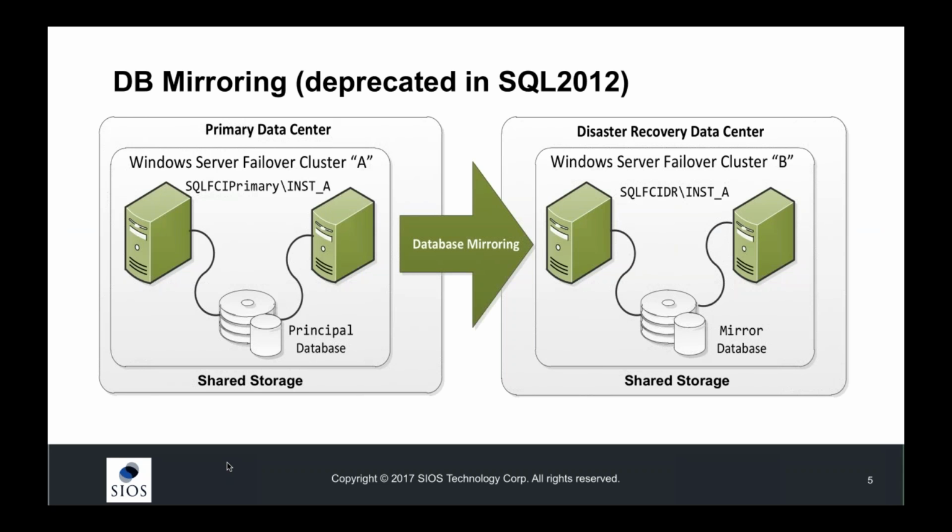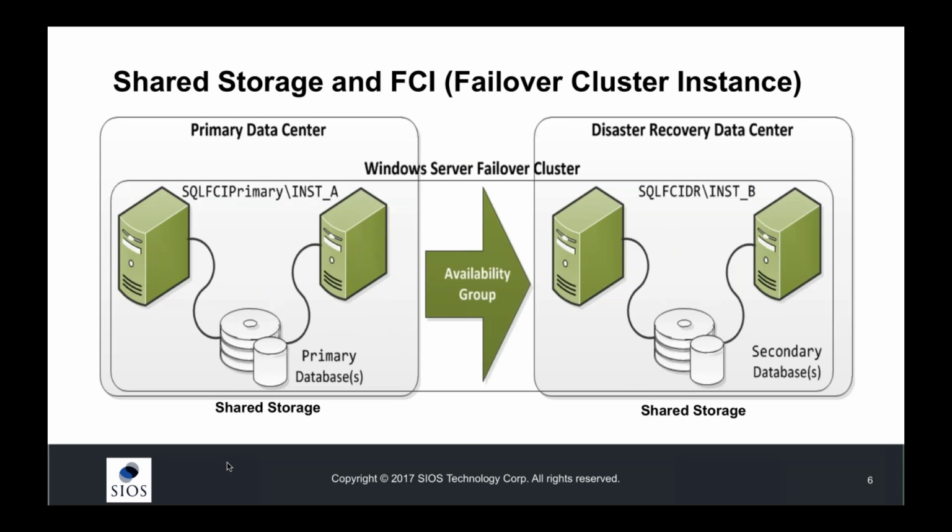Database mirroring was the basic of the basics, basically copying database to database and hoping for the best. But of course, there were some limitations in terms of granularity and stability in that topology.